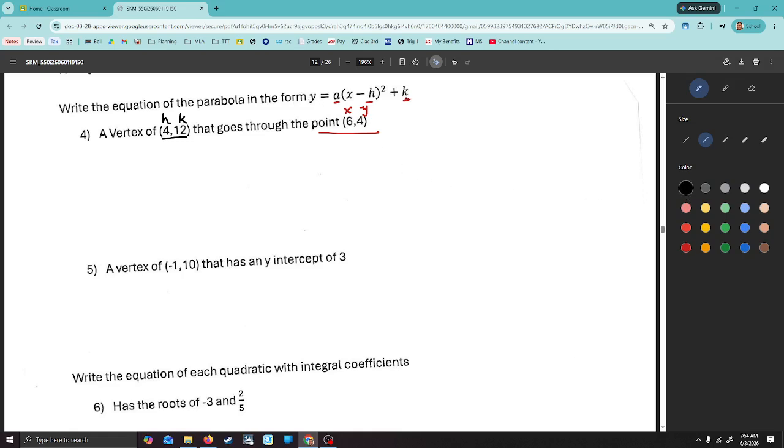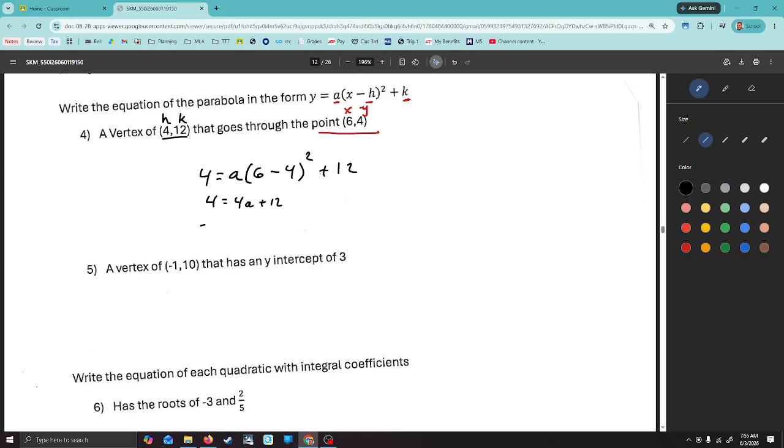So I'm going to plug in everything I see that I can. So y is 4 equals a, which I don't know, so I'm going to leave as a, times (x, which is 6, minus h, which happens to be 4) squared, plus k, which in this case is 12. 6 minus 4 is 2. 2 squared is 4. So 4 equals 4a plus 12.